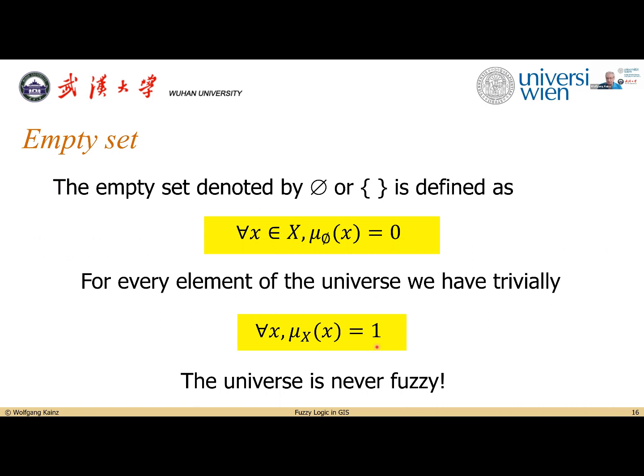So these are just to complete our definitions and our motivation for fuzzy set theory. And by the way, the notation for empty set, you can find this symbol or you can find that symbol.